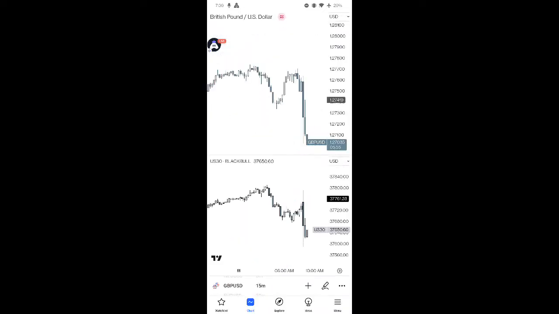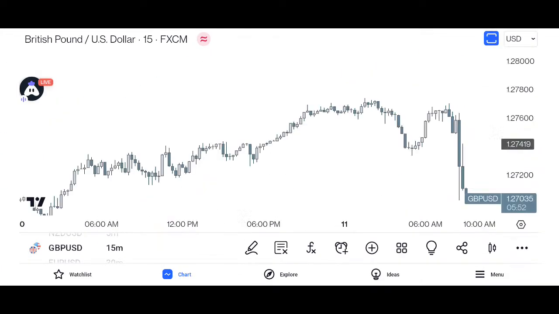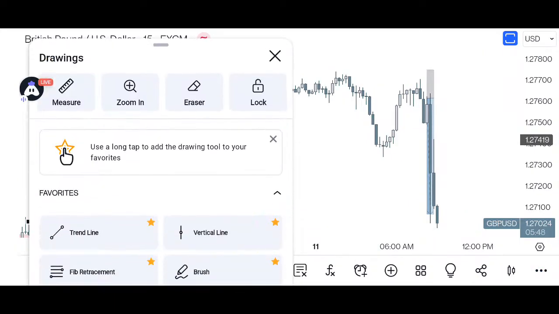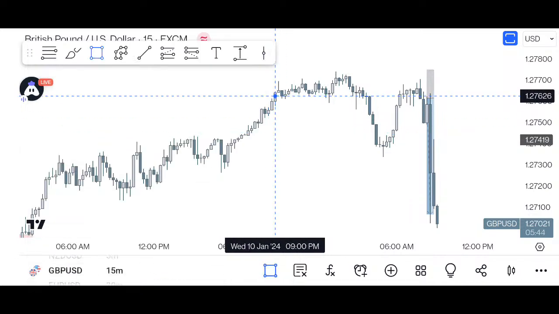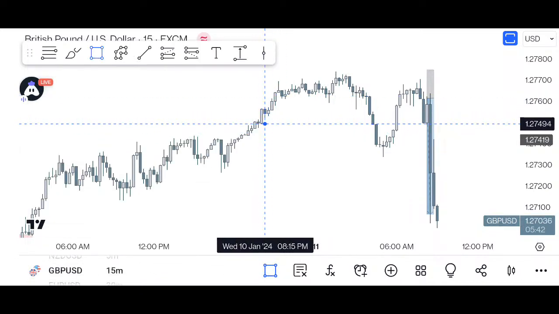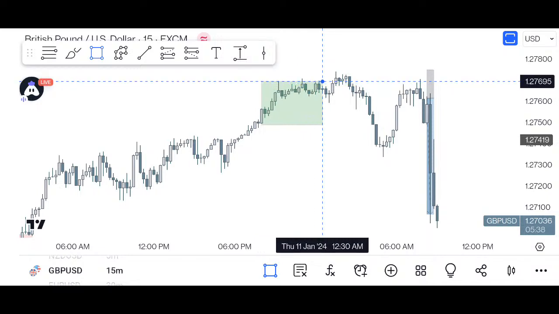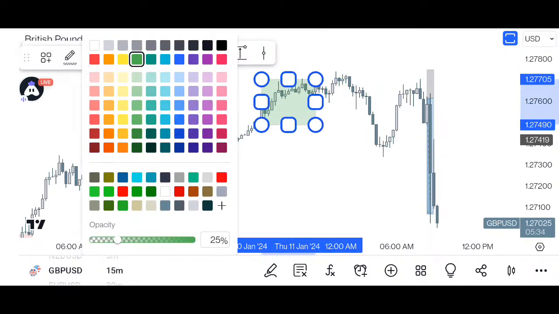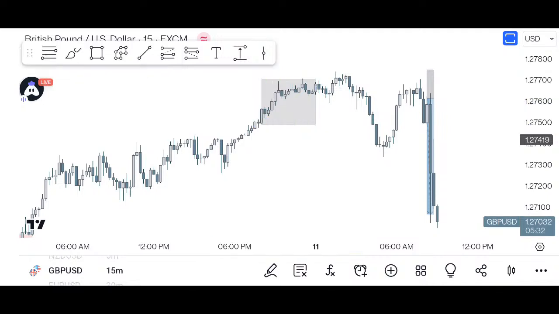So let me again show you those levels. Okay, so there was this Asian kill zone which starts from 8 p.m. and ends at this 12 a.m. So we mark this area, the highs and the lows of the Asian kill zone.